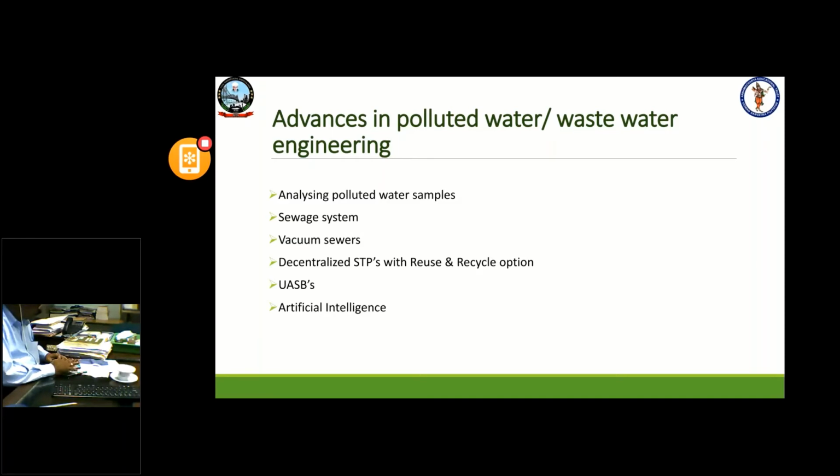One more advancement in polluted water or wastewater engineering is utilizing artificial intelligence technology. This artificial intelligence technology can be utilized for detecting leakages, even treatment problems, in both water supply and sewage aspects. This is also an advancement in the 21st century.